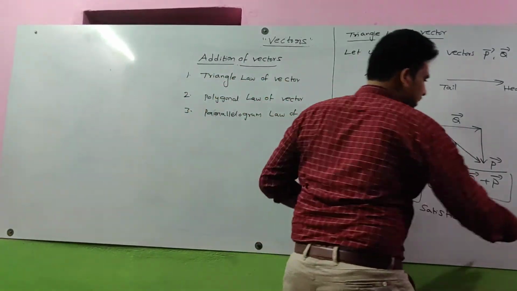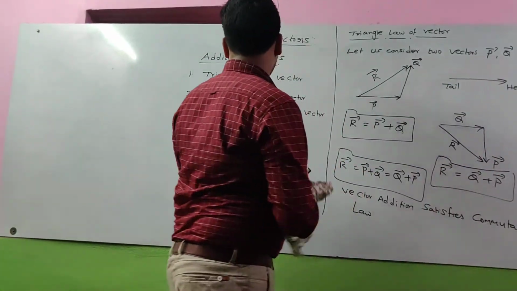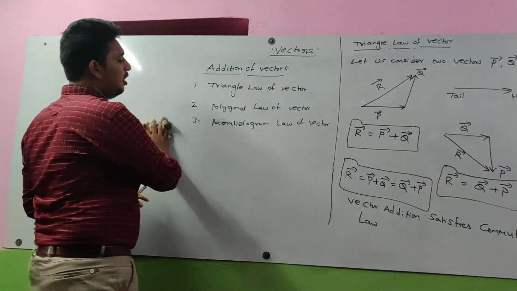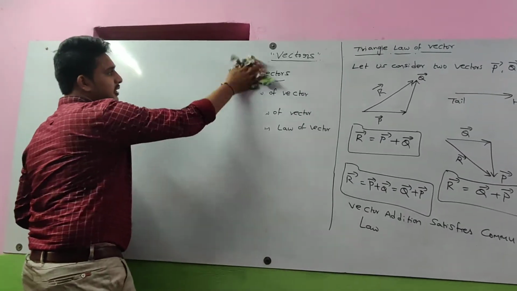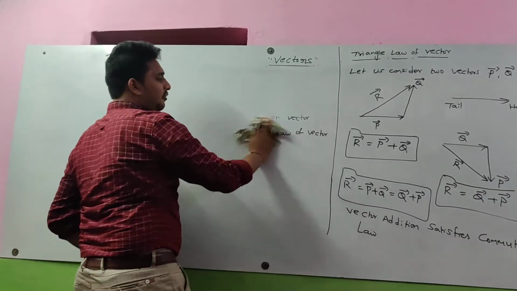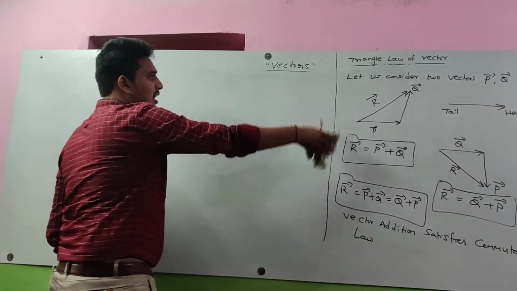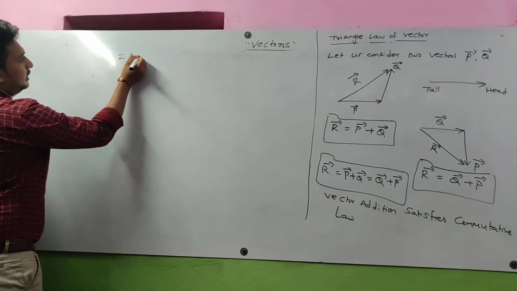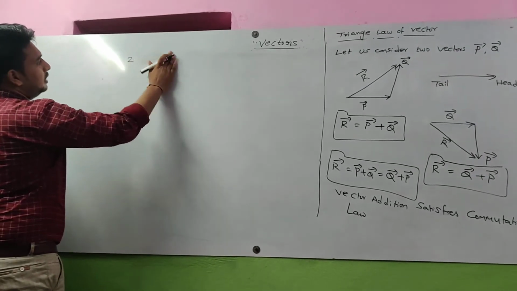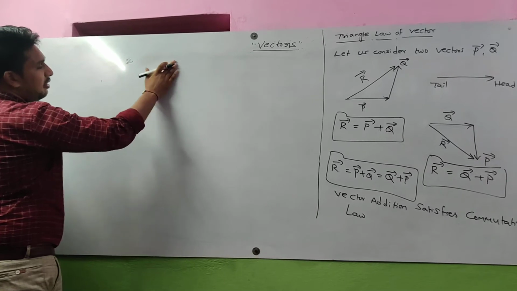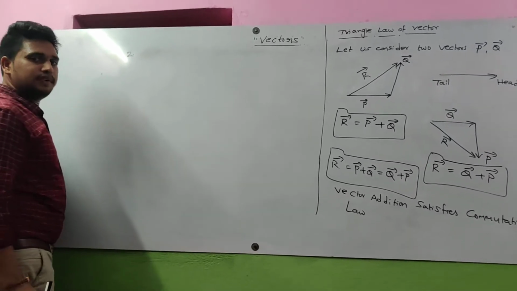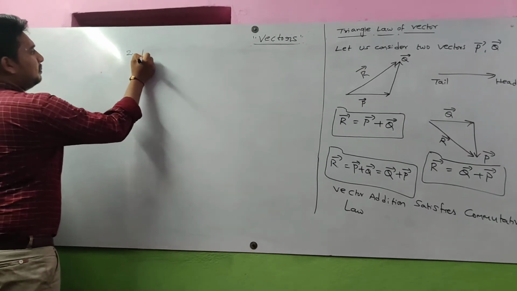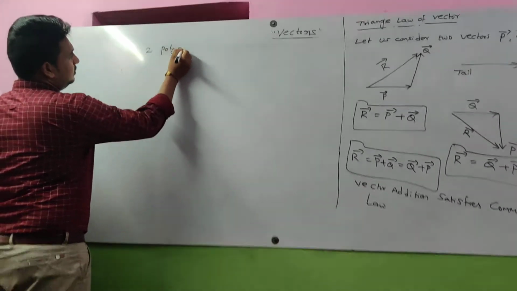Next, second law. What is the second law now? Polygon law of vector. Third law, parallelogram law of vector. So this is the first law of vector. First we discuss the polygonal law of vector. After completion of this, we discuss the parallelogram law of vector. First one, polygonal law of vector.